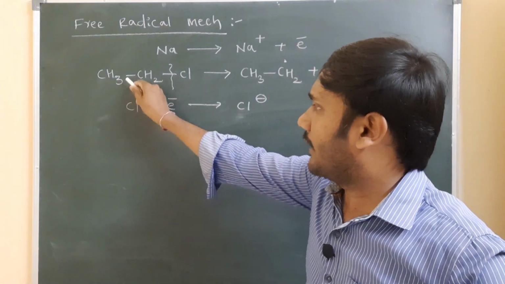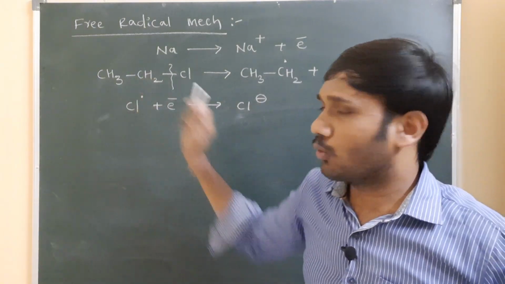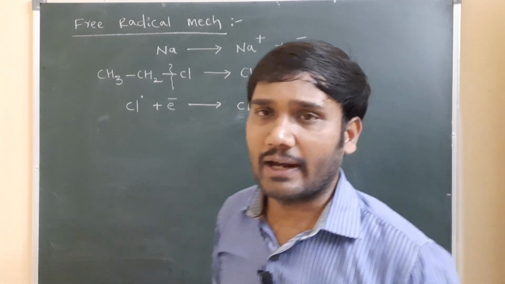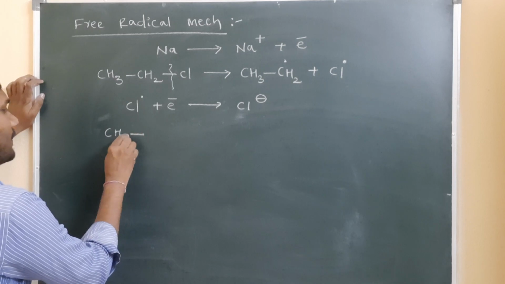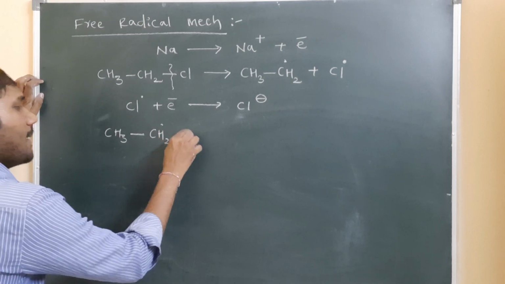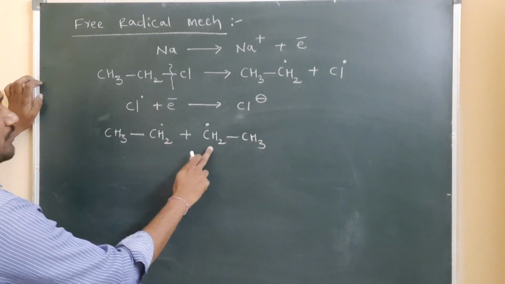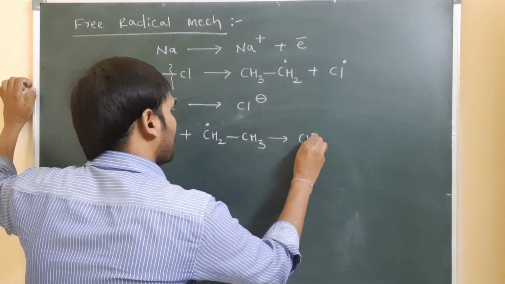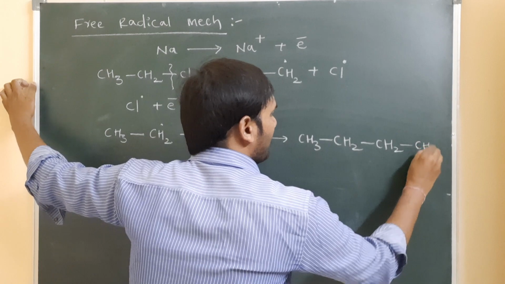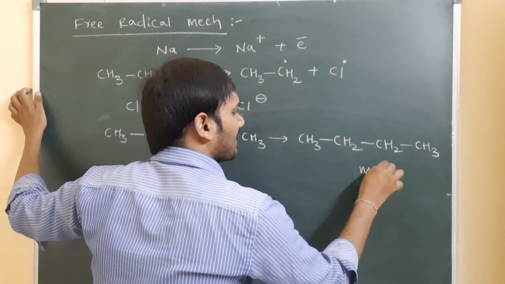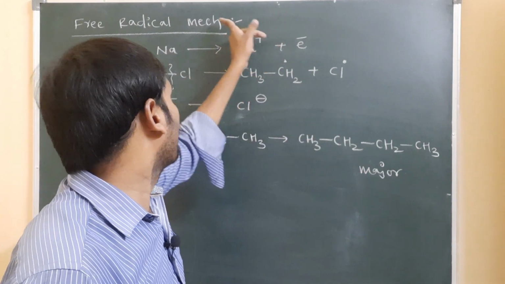When we take 1 mole of alkyl halide, we get 1 ethyl free radical; if I take 2 moles, 2 ethyl free radicals are obtained. If the two free radical species, CH3CH2 free radical and CH2CH3 free radical, combine, the product formed is butane. This we can treat as the major product in the free radical mechanism.